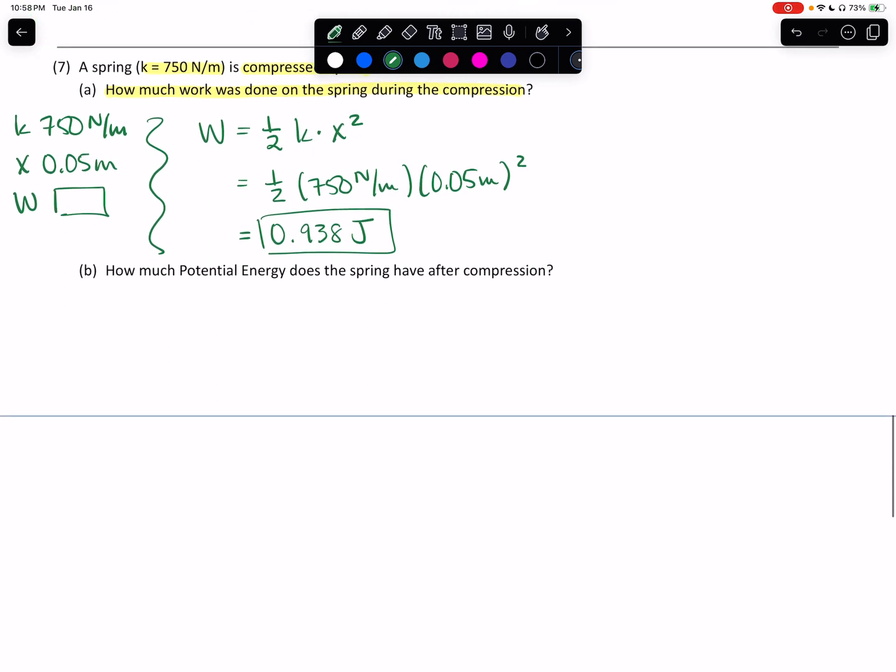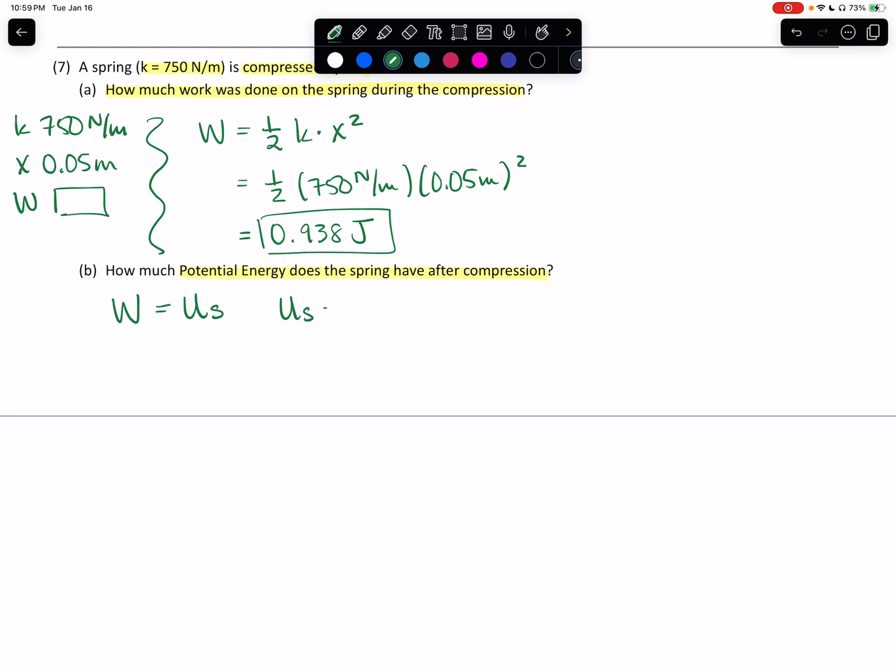How much potential energy does the spring have after the compression? When we use this 0.938 joules to compress the spring and then stop, all that work is now sitting in the spring as potential energy. So that means the work that we did is equal to the spring's potential energy at this moment.